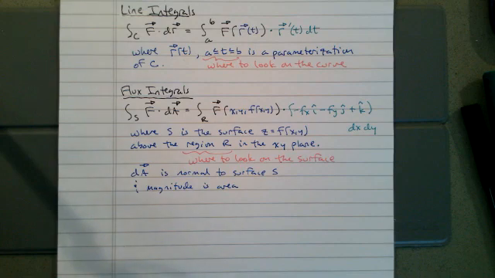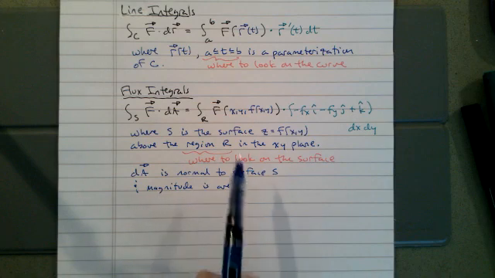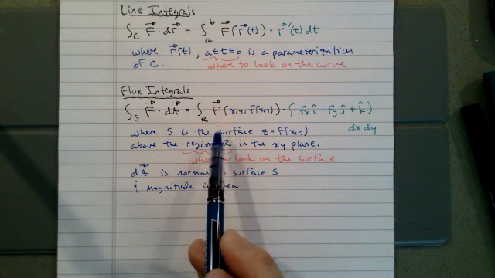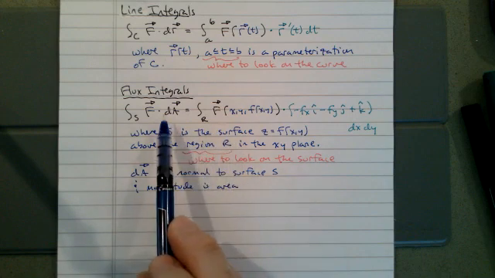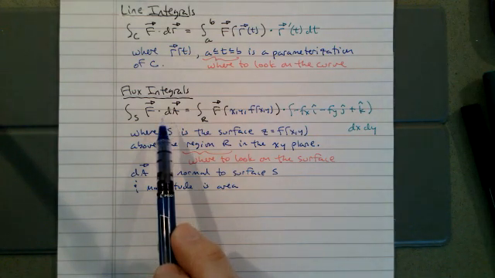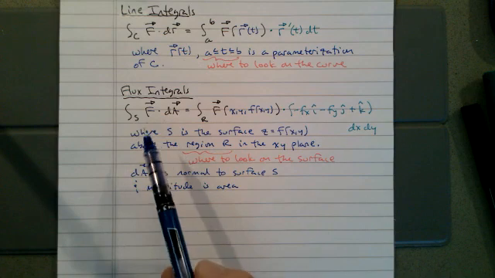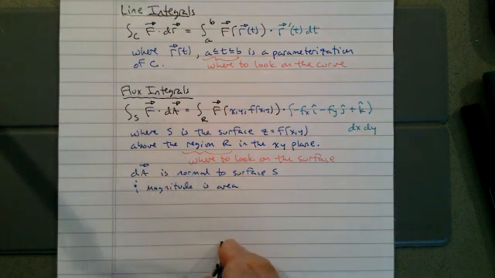We do the same thing with flux integrals. We're going to assume that the surface is a bunch of flat rectangular areas. And so we're going to need to measure the magnitude of the area. That's the amount that we're using, assuming that the vector field is constant. And we need to calculate a dot product. And so we're going to take the direction that's normal to the surface.